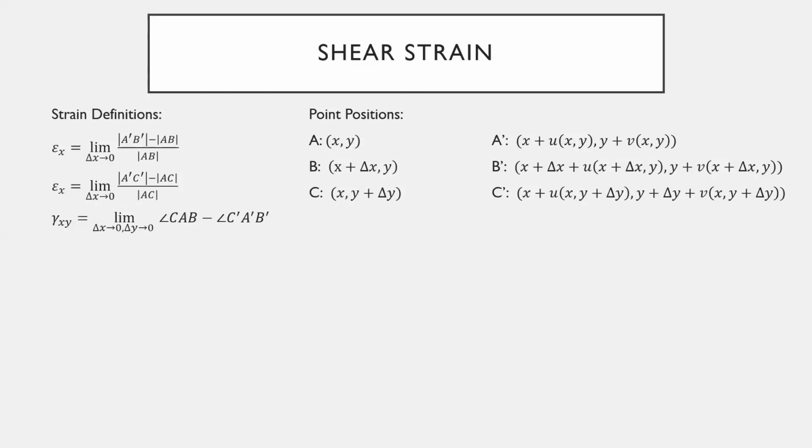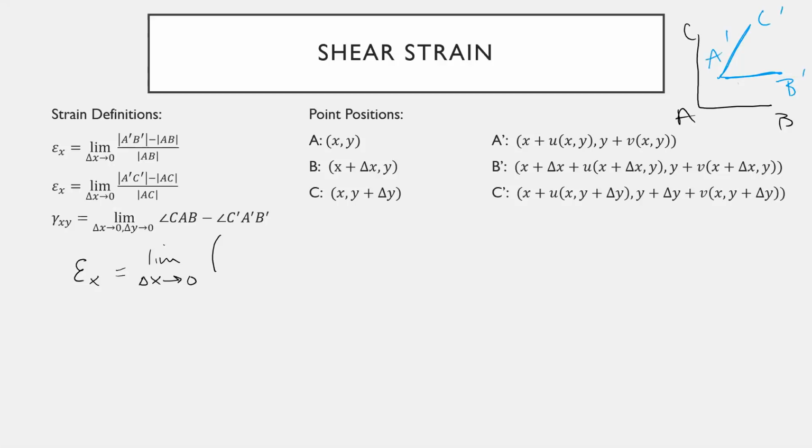So for the strain in the x direction, I want the limit as delta x goes to 0. And I want the distance between A prime and B prime. So that's going to be, let me draw my little figure again just so we have it. Okay, A prime and B prime.